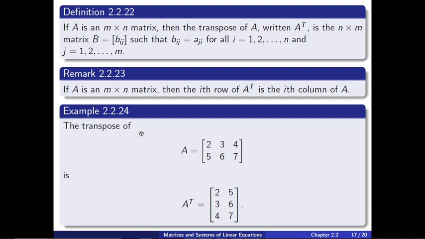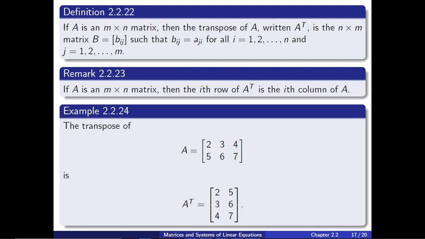So where we had, let's take the entry A13, which is 4. This 4 becomes A31 in the transpose, right? And you can see that that is what happened there. So now we have new matrices.